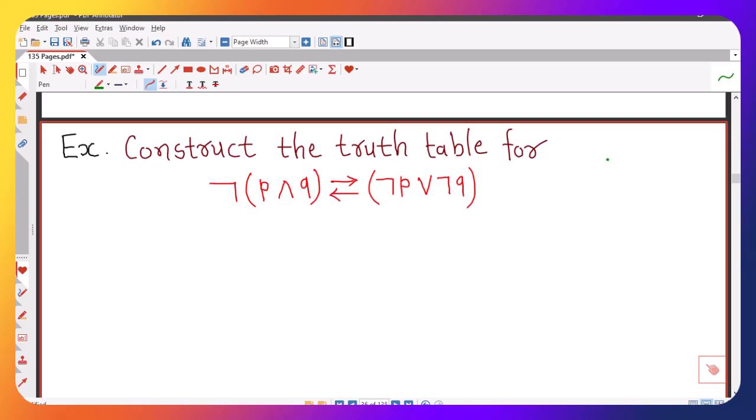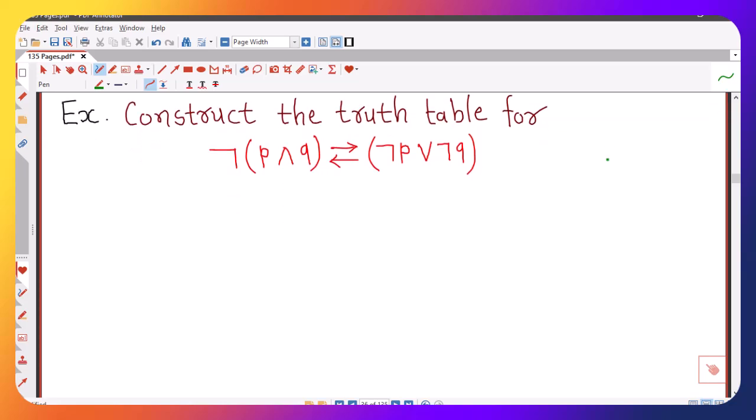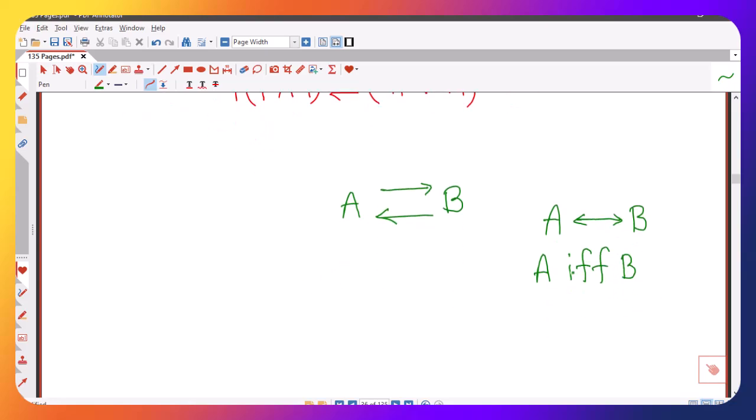In the next example, we construct the truth table for this biconditional statement. This notation means it is a biconditional statement that we have already discussed, A if and only if B. And we know that a biconditional statement is true if both the statements have identical truth values.